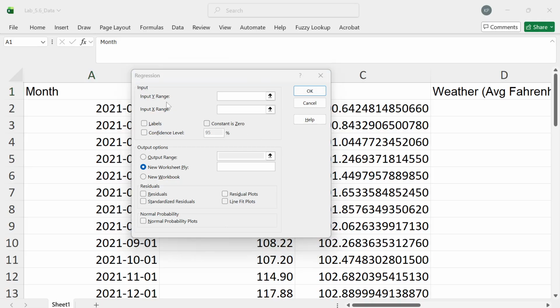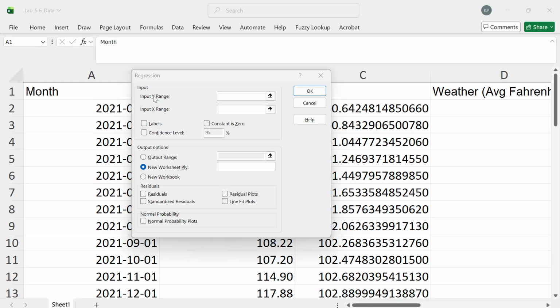In this part, you can see this toolbox helps you work with regression. So here are Input Y Range and Input X Range. It means that Y is the output, the dependent variable, and X is the inputs or independent variables.